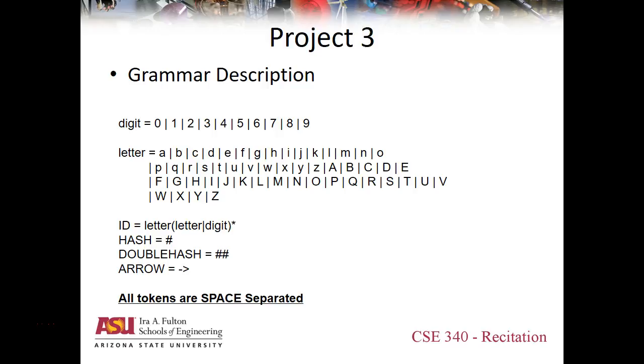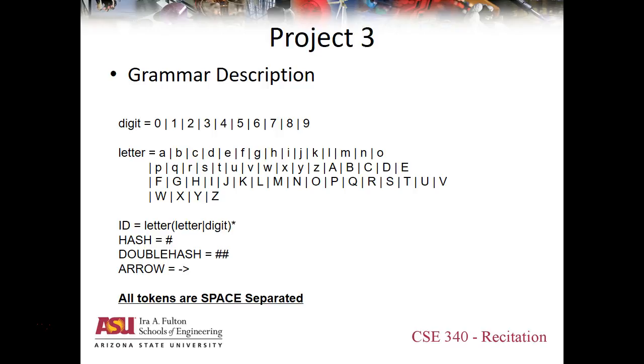We have 4 tokens: ID, hash, double hash, and arrow. The ID, just like on our other stuff, has to start with a letter, and then can be as many letters or digits as you want. The key here is that this is what's describing what's going to be in your input files.